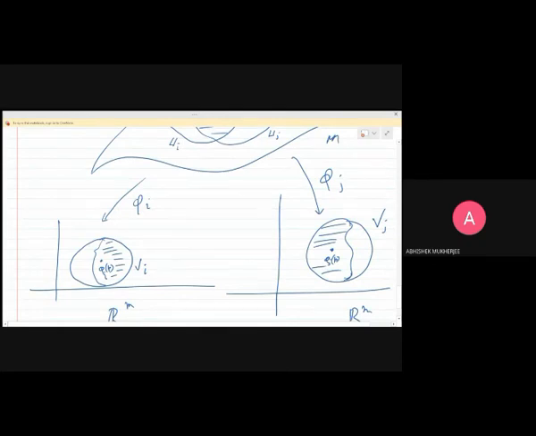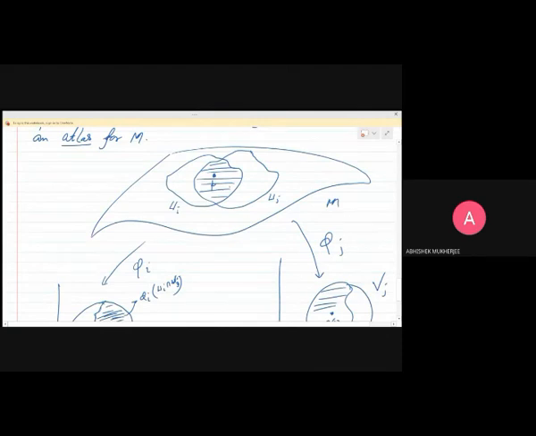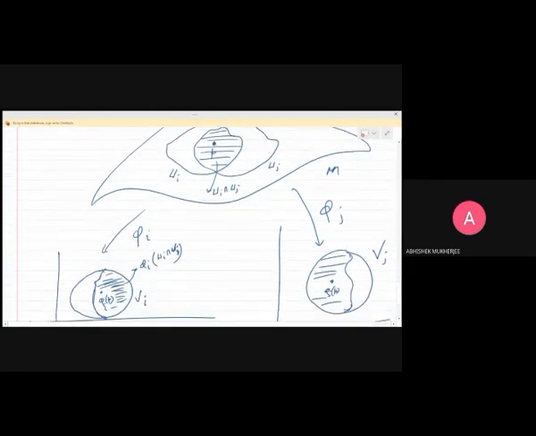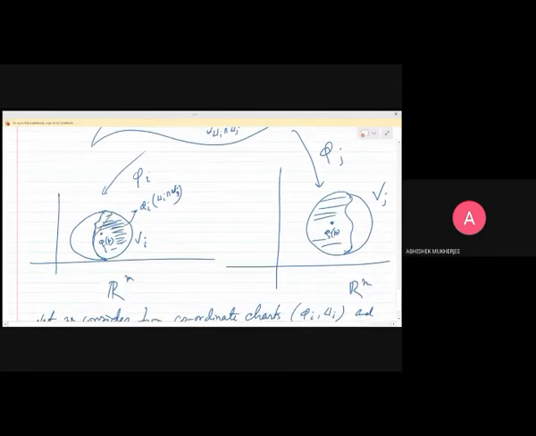This part is U_i intersection U_j. Under phi_i, this part will be mapped to phi_i of U_i intersection U_j.